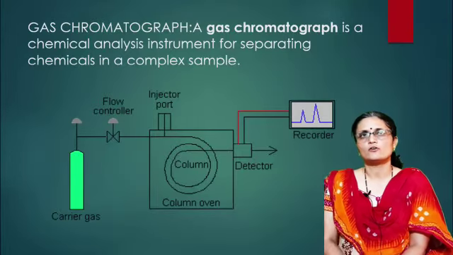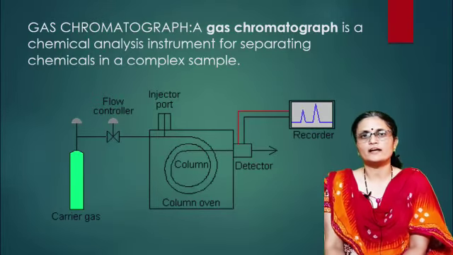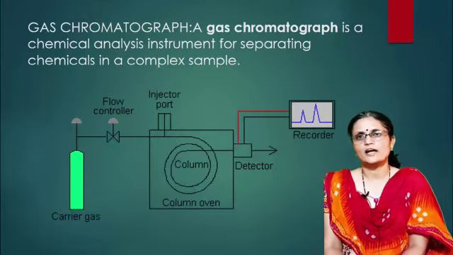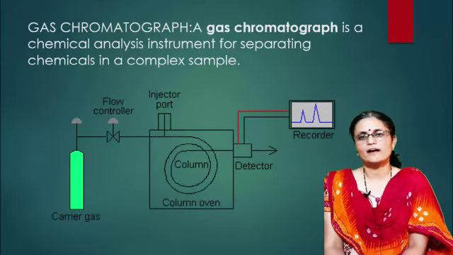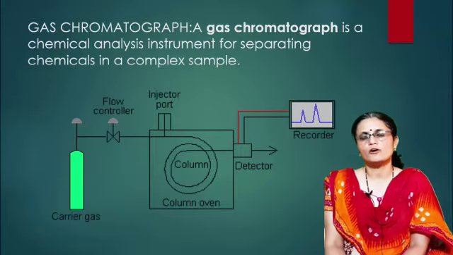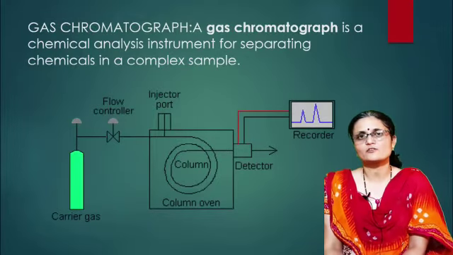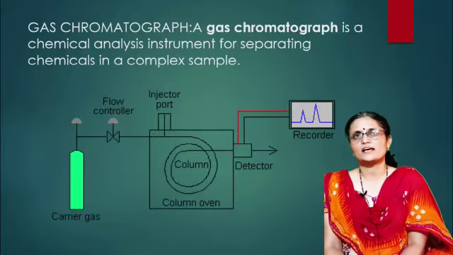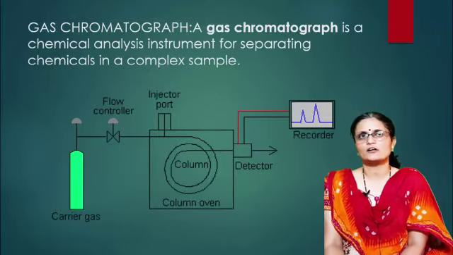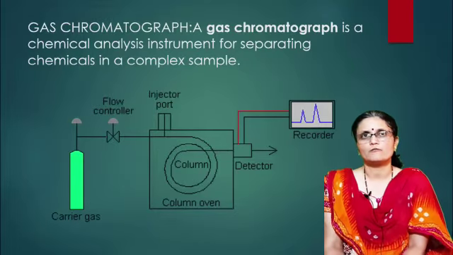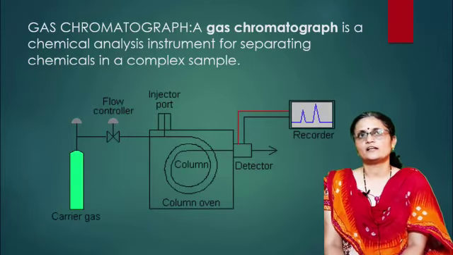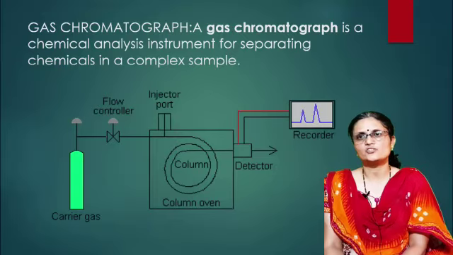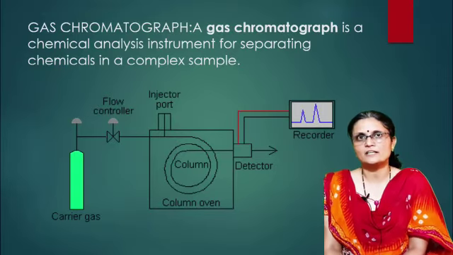So let us find out what is the device that is used for gas chromatography. A device that is used for the purpose of gas chromatography is called a gas chromatograph. This gas chromatograph consists of a carrier gas cylinder, flow controller, then a column oven in which the column is placed.